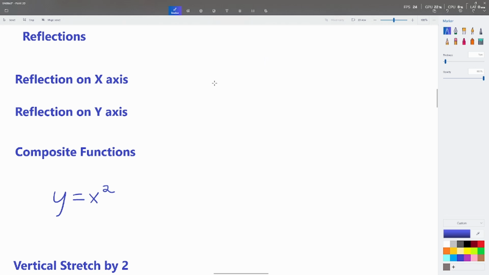This is very simple, meaning that if you have y is equal to f(x), then your new y will be just f, and you put minus in front of everything and you will be fine.